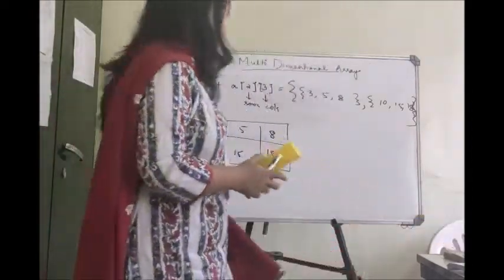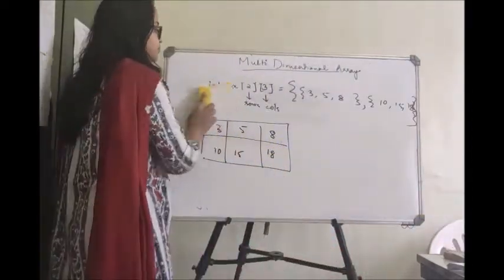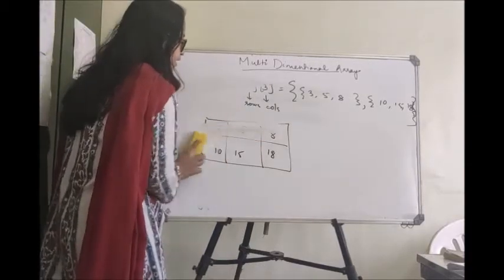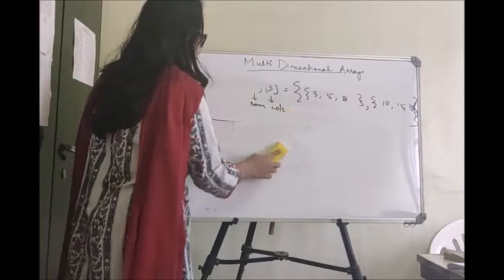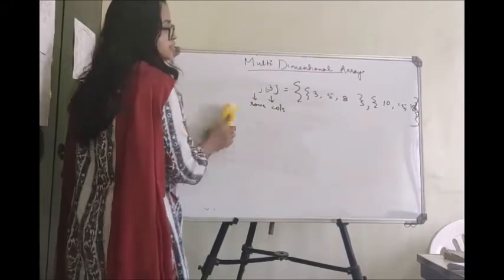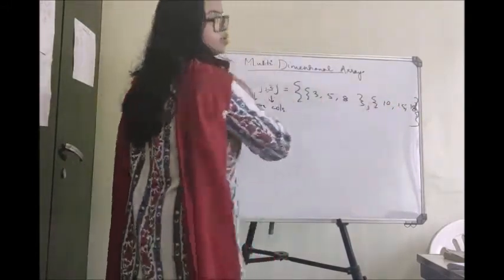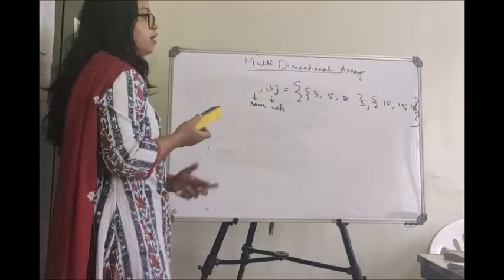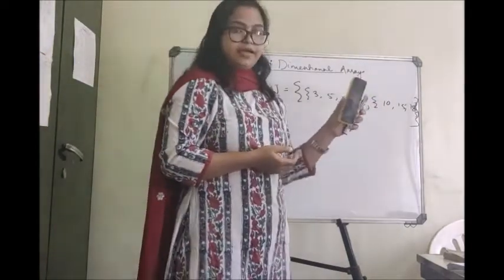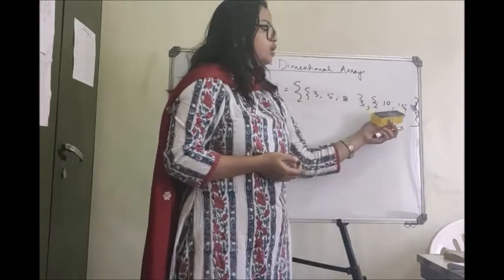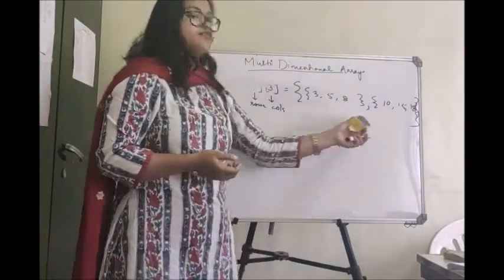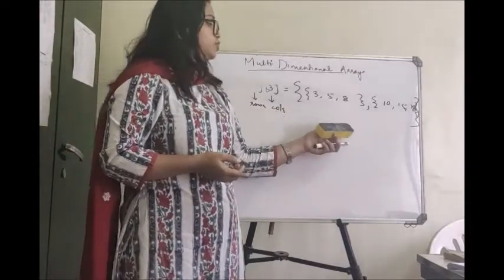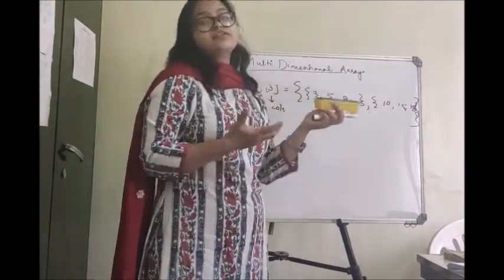Now we will move towards finding the address of an array element. How to know that? Suppose, what is the address of 10? What is the location in which 10 is stored? Similarly, if there is a linear array of 10 elements, suppose the 5th element, what is its address?